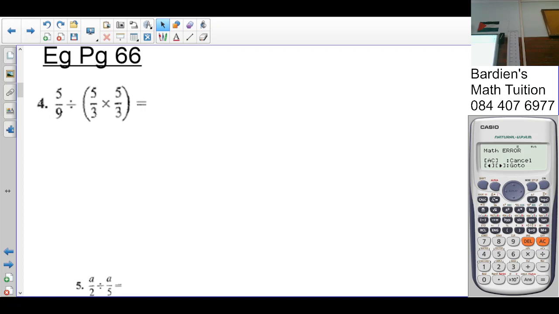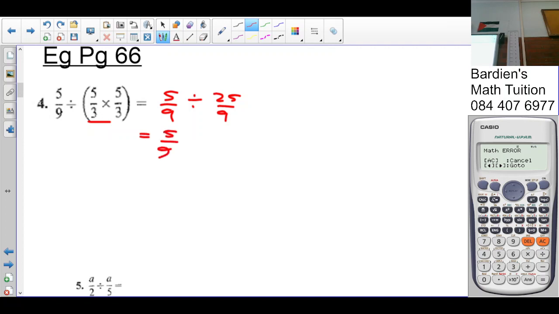Okay, so listen. What must be done first here? The brackets, yeah. So let's sort out the brackets. So it's 5 over 9 divided by. We don't change this to multiplication yet. You have one term first. Can anything cancel inside these brackets? No. 5 times 5 is 25, 3 times 3 is 9. So 5 over 9 multiplied by 9 over 25.